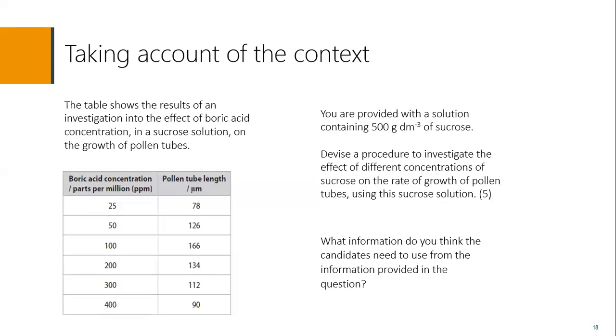They're provided with a solution containing 500 grams per decimeter cubed of sucrose, and they're asked to devise a procedure to investigate the effect of different concentrations of sucrose on the rate of growth of pollen tubes using this sucrose solution.